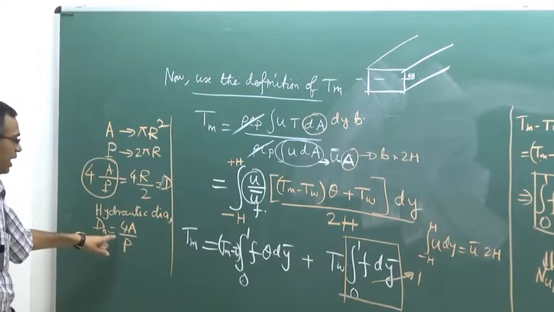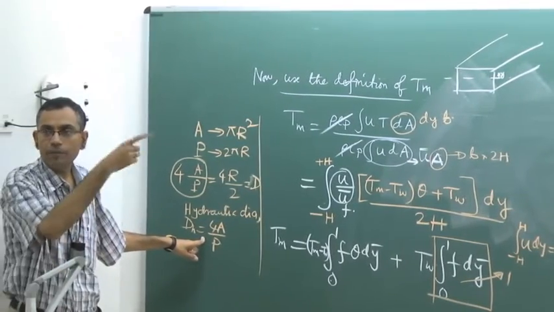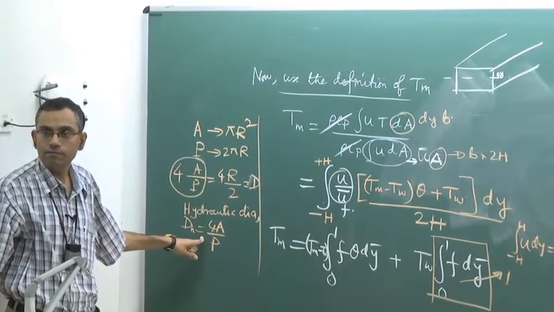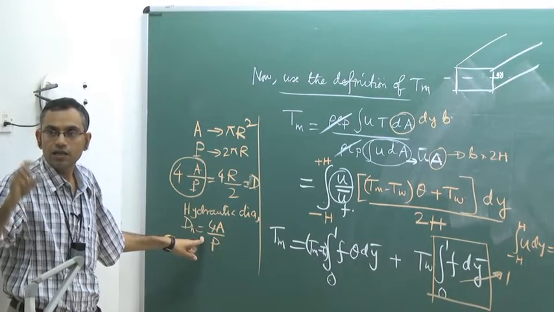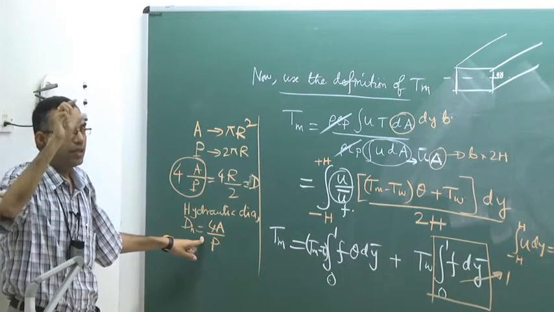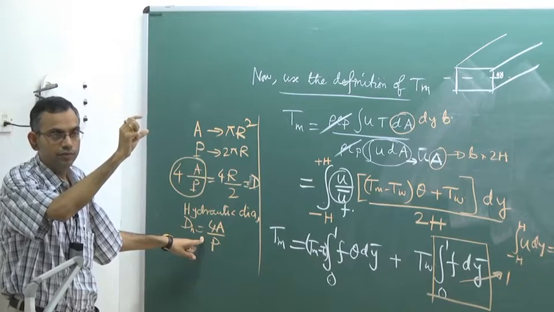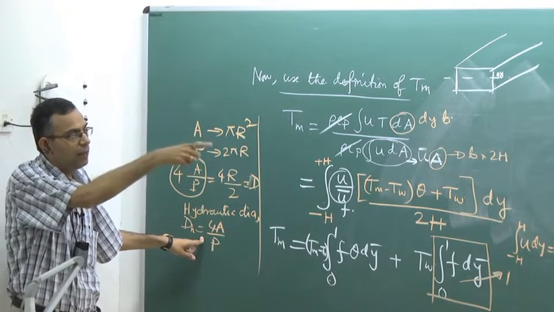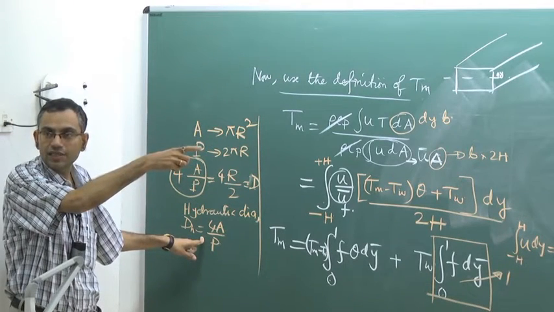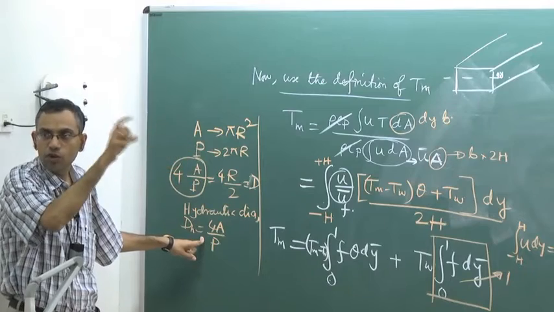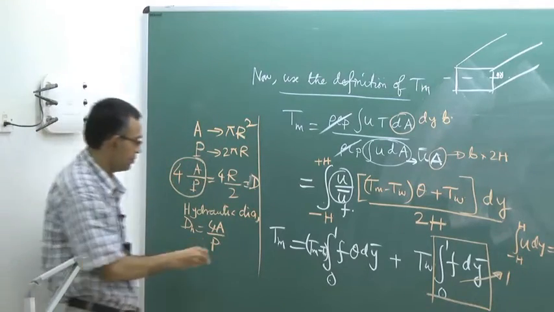So what will be the hydraulic diameter for a parallel plate channel? The half height is h. Area by perimeter we have already calculated. What was that? h. So 4 area by perimeter is 4h.